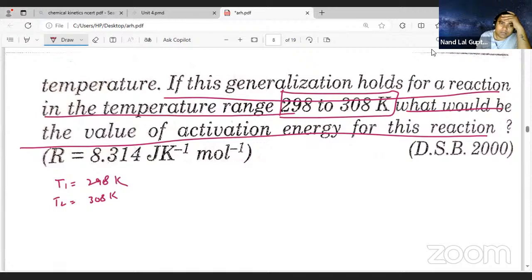And if you see, student, this is the K2 they are talking about, 2K1. When you increase the temperature, K2 becomes 2K1.